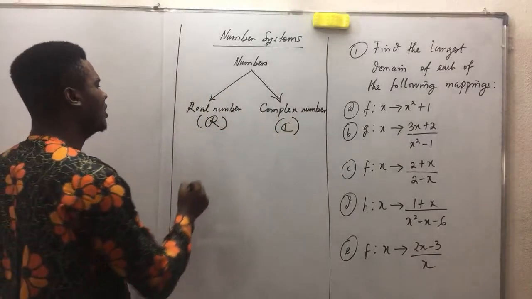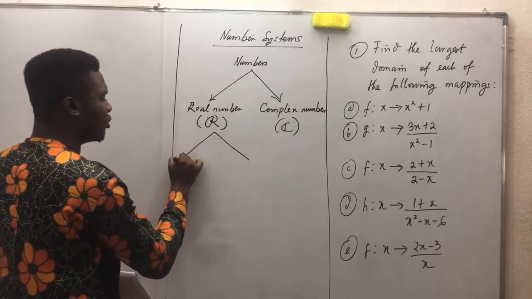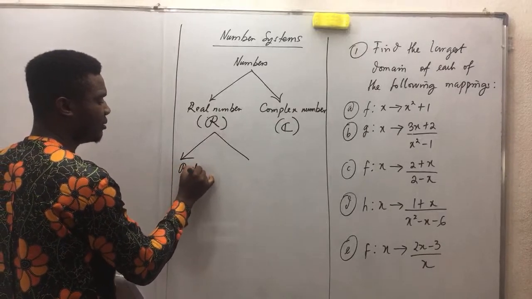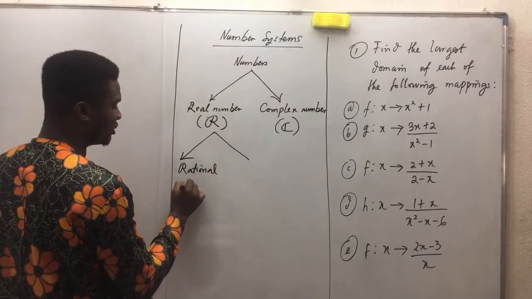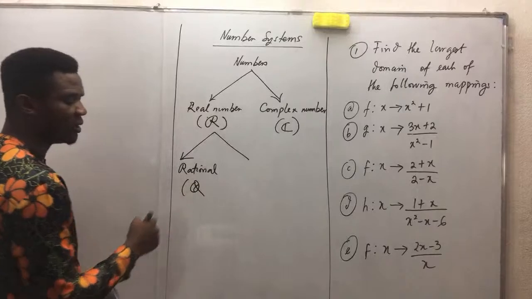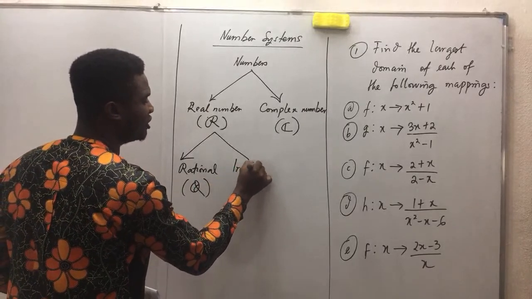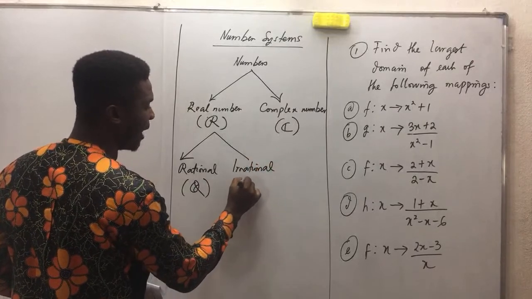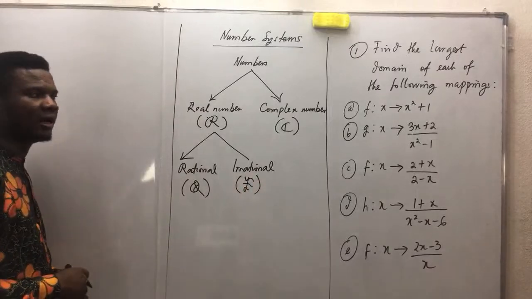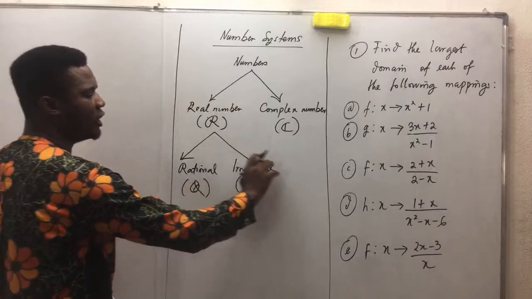Okay? Then, when something is called a real number, it means that number is either rational, denoted by this type of Q, a Q with a double stroke, or irrational, in which case you could denote your irrational number system by this type of F. Now, if a number is a real number, it is either rational or irrational.